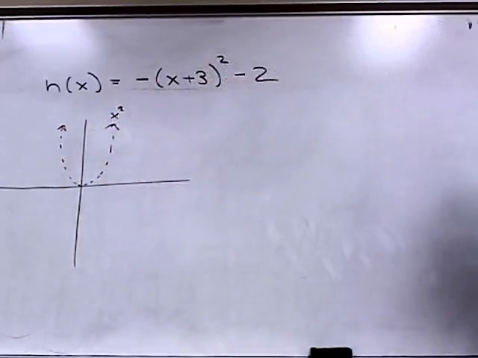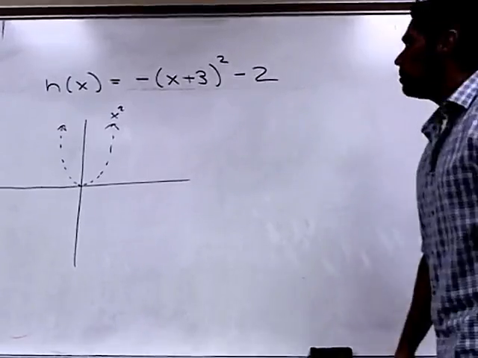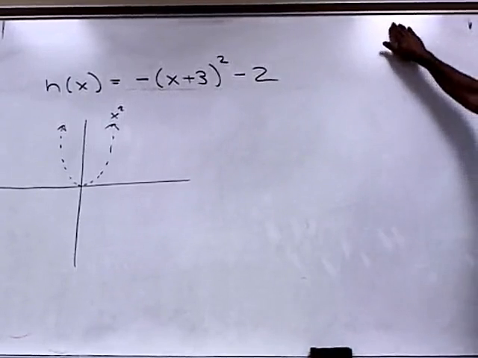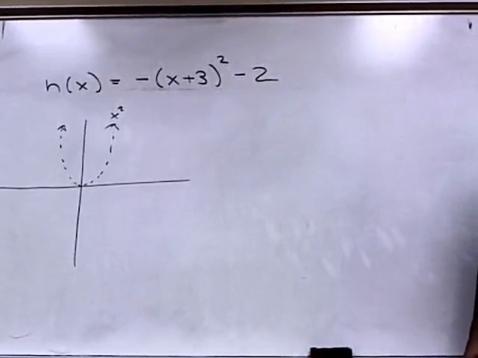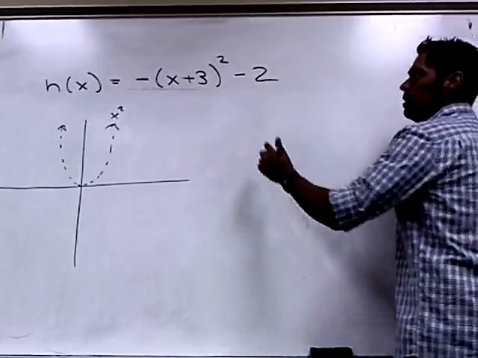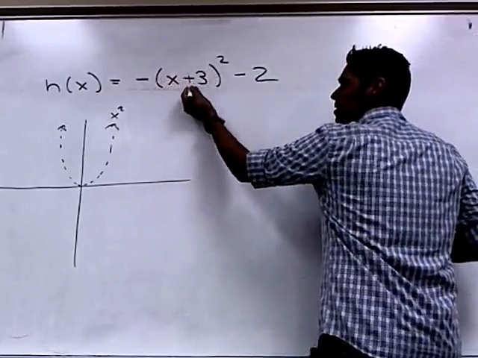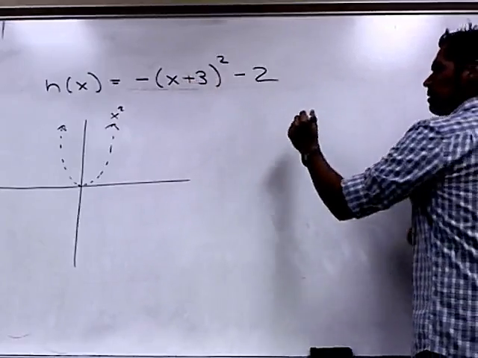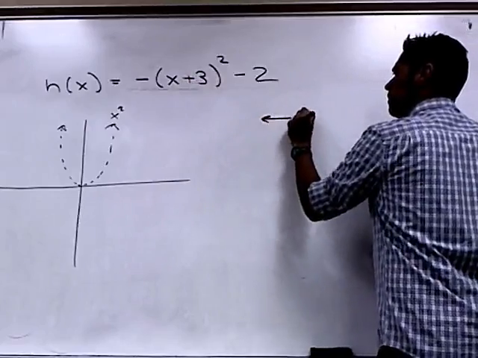Now the question is, what are the transformations? So let's list out the transformations, and let's list them in the order that they have to be done. Because remember we said last class, the order matters on this, right? So what would be the first thing that needs to happen to that graph? Anything that's in the parentheses. Within the parentheses, plus 3 inside tells you which way. Left 3. So I'm going to go left 3.